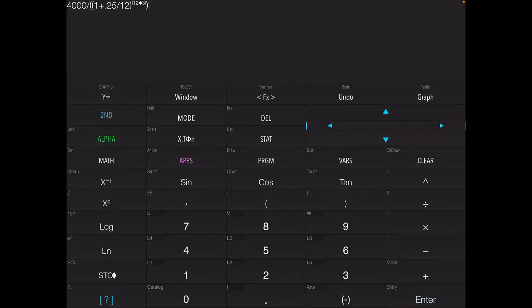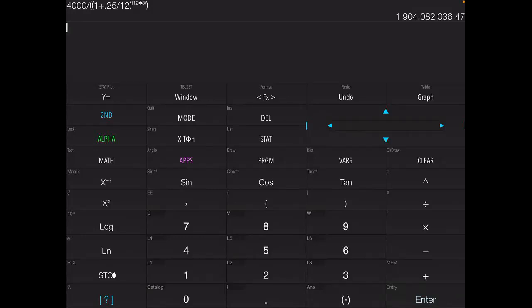All right, so again, 4,000 divided by 2 left parentheses, 1 plus 0.25 divided by 12, our grouping on the inside, 1 right parentheses, raised to our value of M times T, so 12 times 3. Come back down and put a second right parentheses to give us $1,904.08.